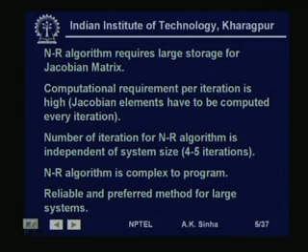Also, the computational requirement per iteration is high, because Jacobian elements have to be computed at every iteration. Though this is somewhat complex, a major advantage of the Newton-Raphson method is that the number of iterations required for convergence is independent of the system size. Normally it will take around 3 to 5 iterations for convergence, even for very large systems.